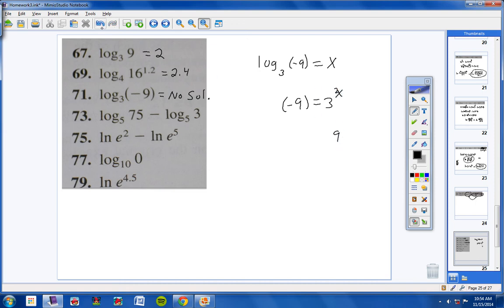But no way, there's no number that you can put in for x that will give you out a negative number over here. Okay? Again, you cannot take the logarithm of a negative number or 0. Okay? Alright, moving on to number 73.